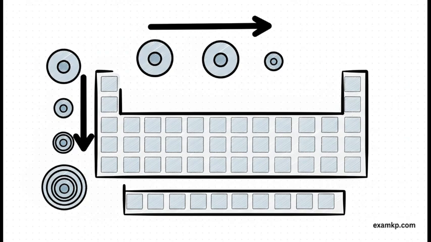That stronger positive charge literally yanks the electrons in tighter, so the atom actually shrinks. But when you move down a group, you're adding whole new layers, whole new electron shells, and that, of course, makes the atom bigger. It's this simple push and pull that explains pretty much every other trend you see.